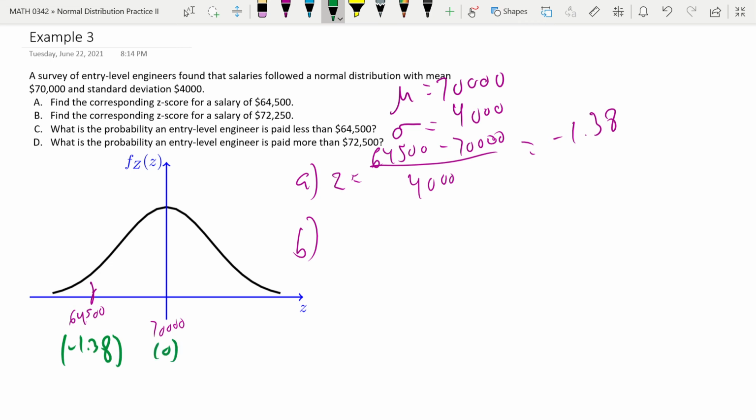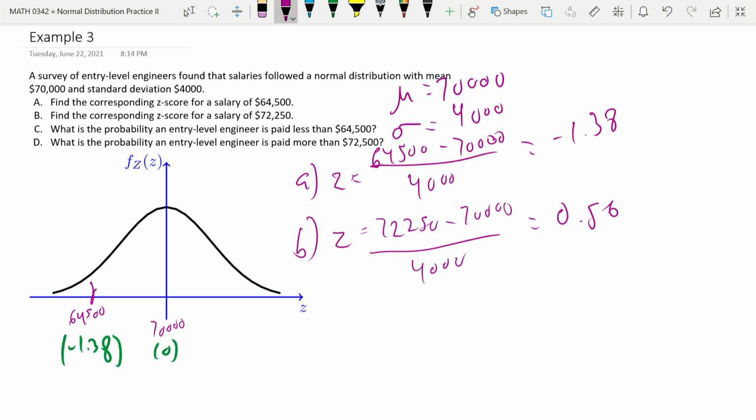And now the z-score for the salary of 72,250. So we have x is 72,250. Okay, this divided by 4,000. And doing that work, that comes out to a z-score of 0.5625, but we round that to just 0.56.